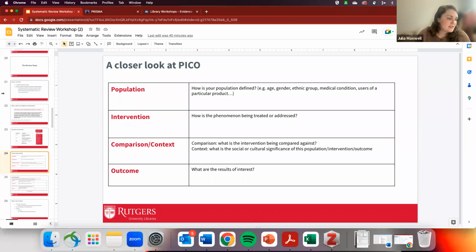Intervention, how is the phenomenon being treated or addressed? Comparison or context, what are we comparing this against in the instance of comparison, or for context, what is the cultural or social significance of any of the other elements of the study, right? And then lastly, the outcome, what are the results?